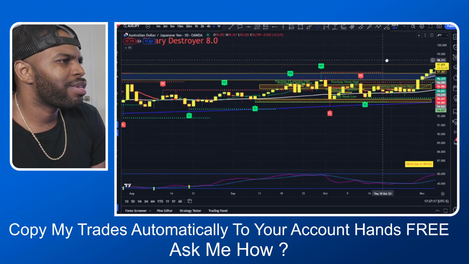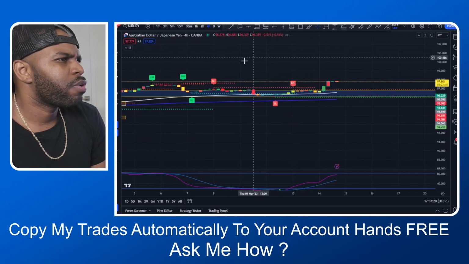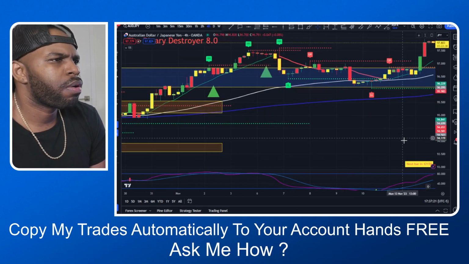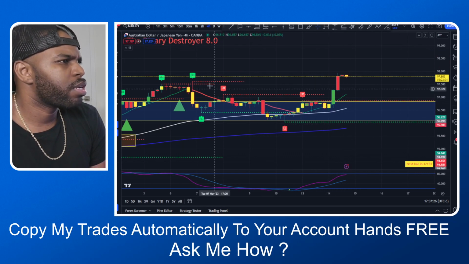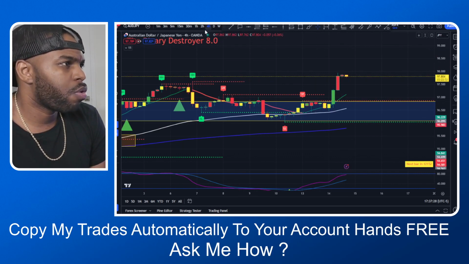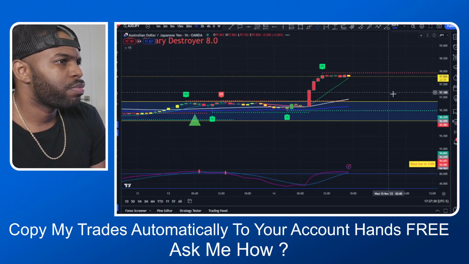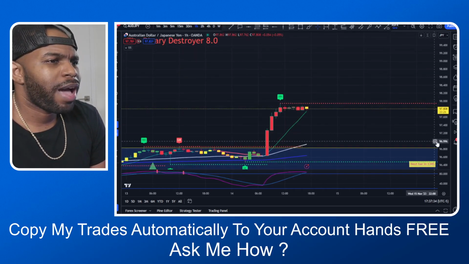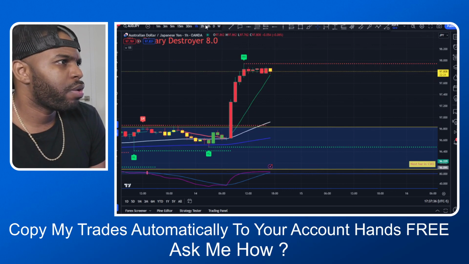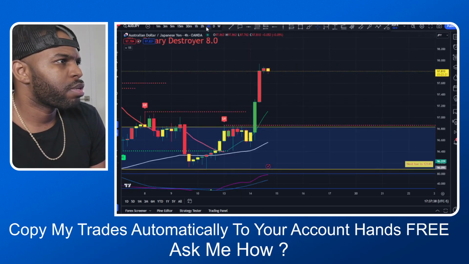Let's look at the daily, the 4 hour. The 4 hour is definitely bullish right now. So we're at the higher high, of course. Now we just need to look for a higher low. If we can find a higher low, that'll be perfect.